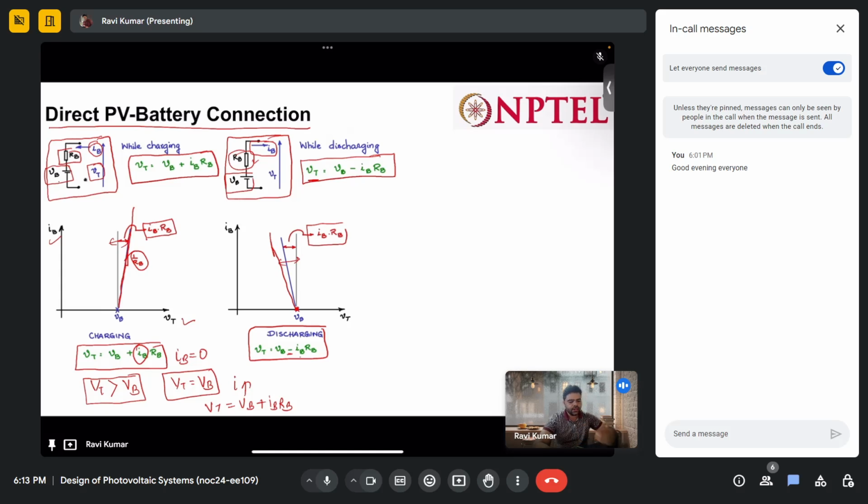Now we already know that the IV characteristics is like this. So now we will try to fit this particular IV characteristics with the battery characteristics, like this.